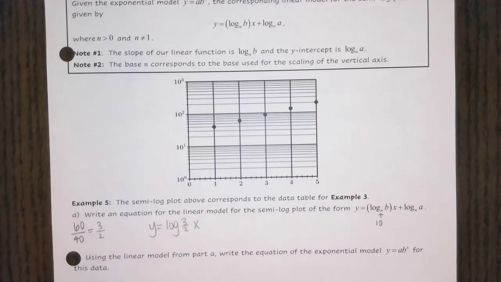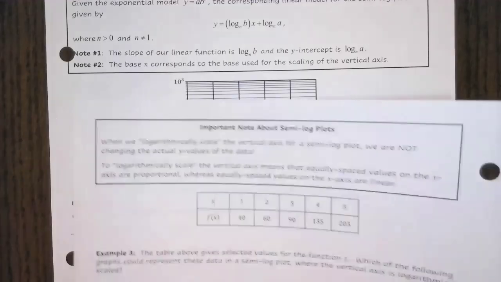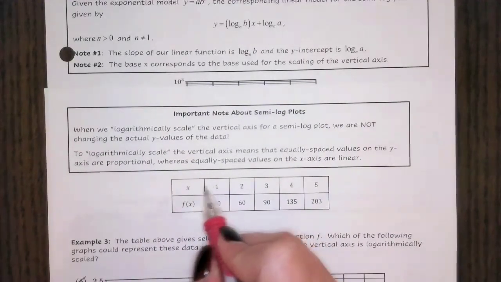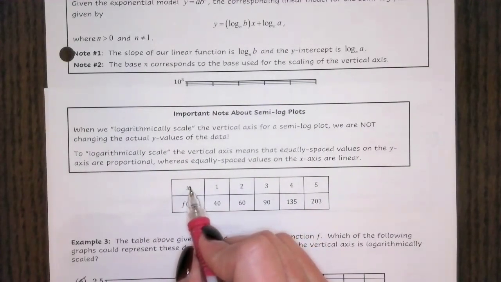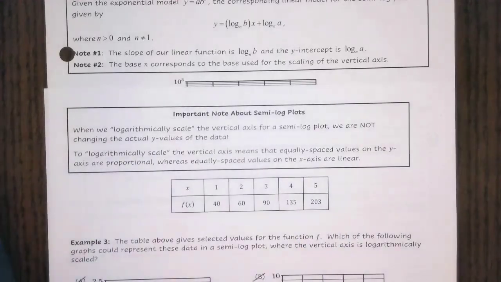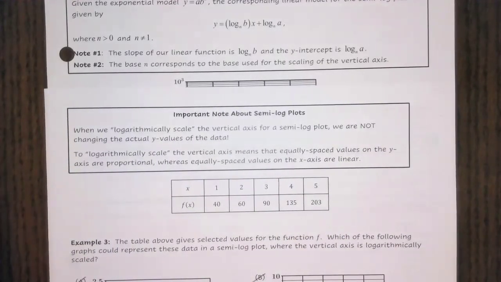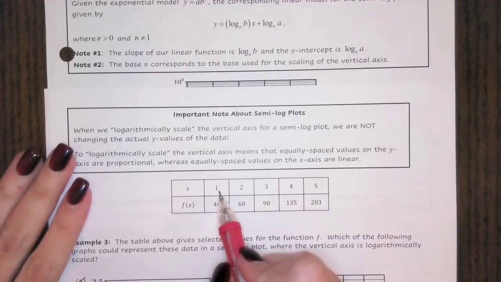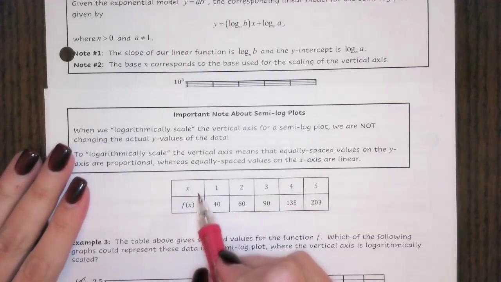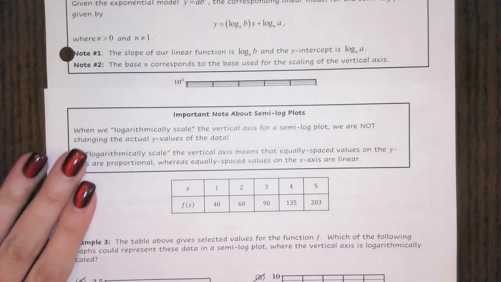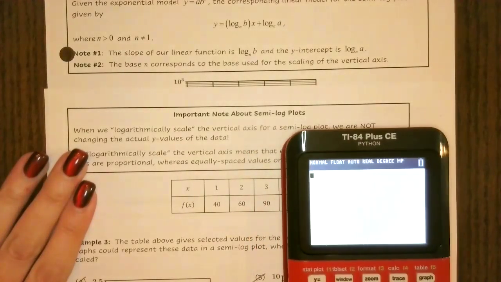Then for our other part, that's our y-intercept. So we need to find what it would be at 0. So we would have to work this table backwards. We're trying to get this 0 value so we could get that y-intercept. And so I can take my calculator here.